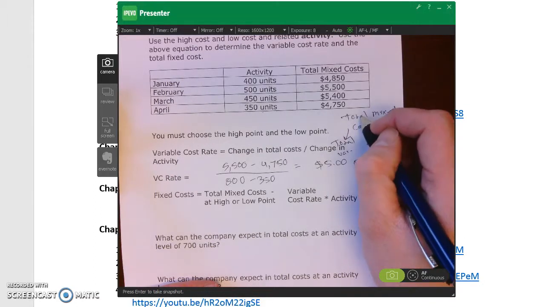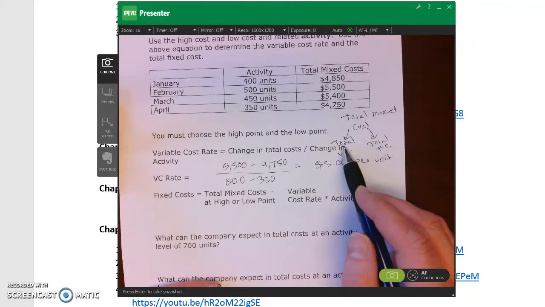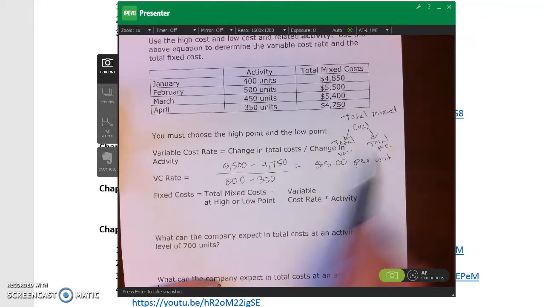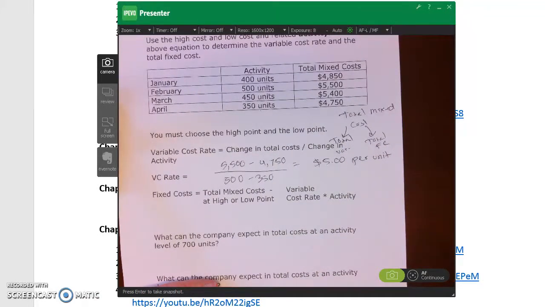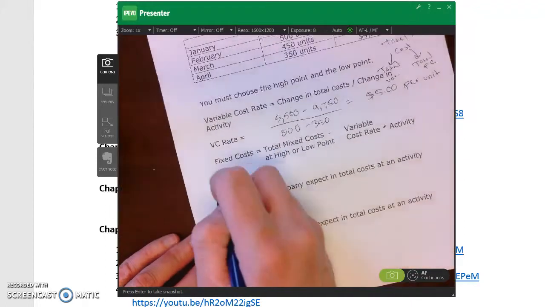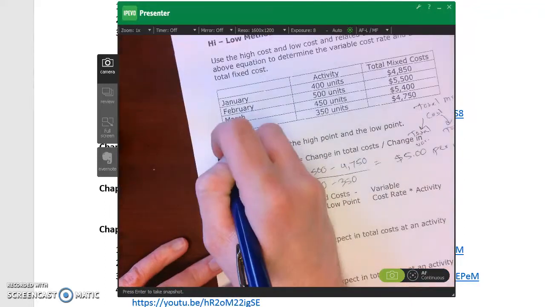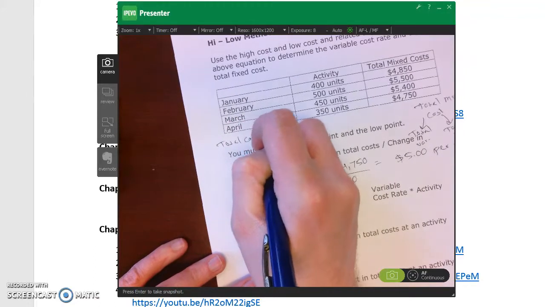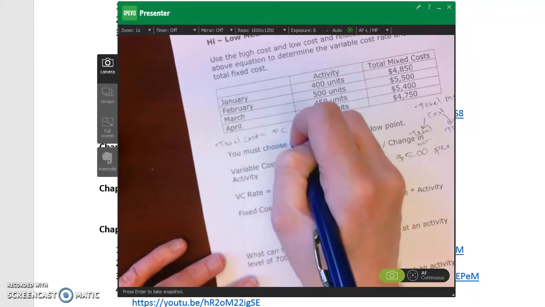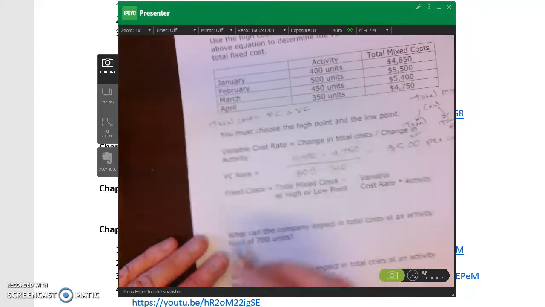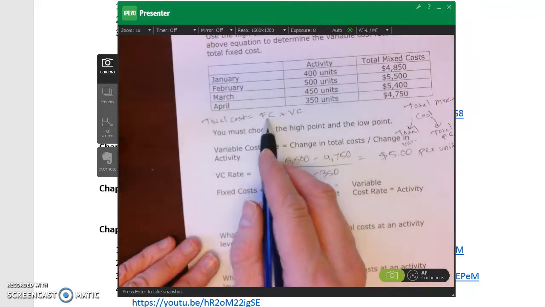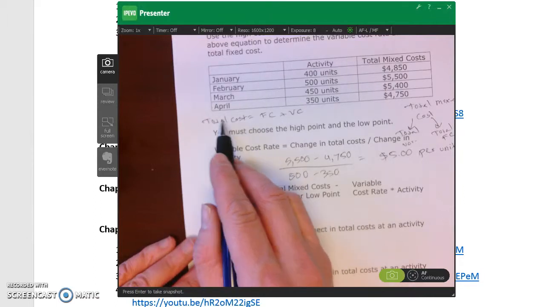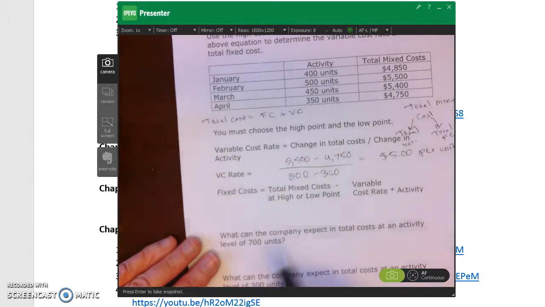So if we know this number, and then we can figure out total variable, we can back into figuring out total fixed. And that's what I'm doing right over here. So basically, remember, if we do it algebraically, we can say total cost equals fixed cost plus variable cost. So therefore, I could just use algebra. I can move this over here, and then I can move the total cost over here, and I would get fixed cost, therefore, equals the total minus the variable cost.